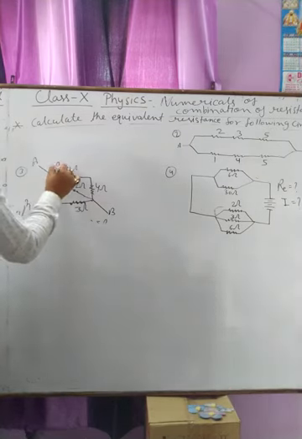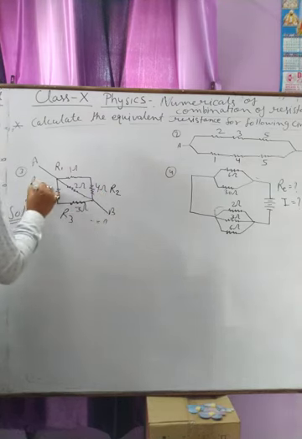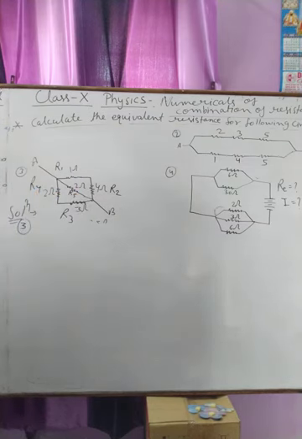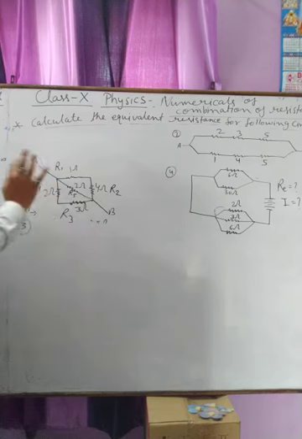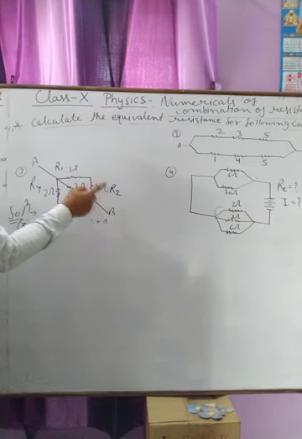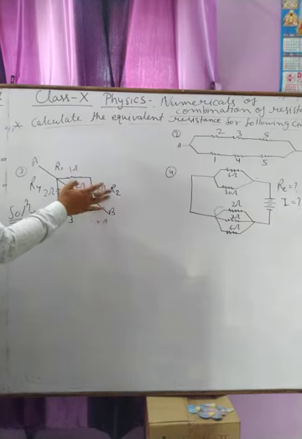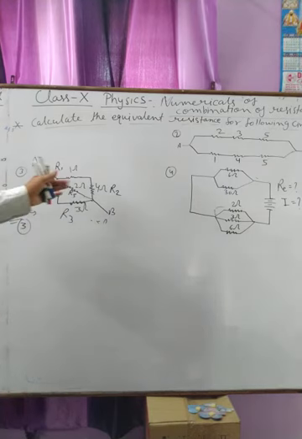Here this is resistance R1, this one is R2, this one is R3, this is R4, and the last one is R5. Now student, if we try to solve R1, R5 or R1, R2 directly, we get confused about how to solve this. It is very easy to find the two simple cases. Here R1 and R2 are in series because there is a turning, and R3 and R4 are also in series. So first we solve these two cases.